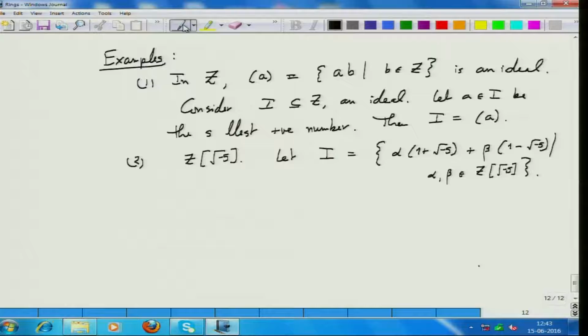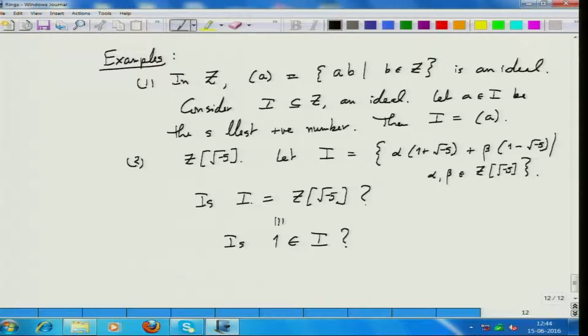Okay. So let's get back to this ideal. Let's just try to understand this. First question, does this ideal contain all elements of this ring? This question is the same as answering the question, is 1 in the ideal I?